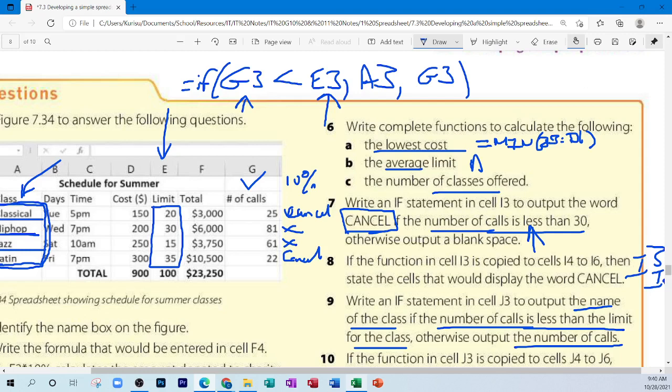If you want this exact word to appear, the word classical, the word hip hop, exactly that, then you put it in quotation marks. But when you're going to copy the formula, that exact word is going to appear all the time. So that would be an example.